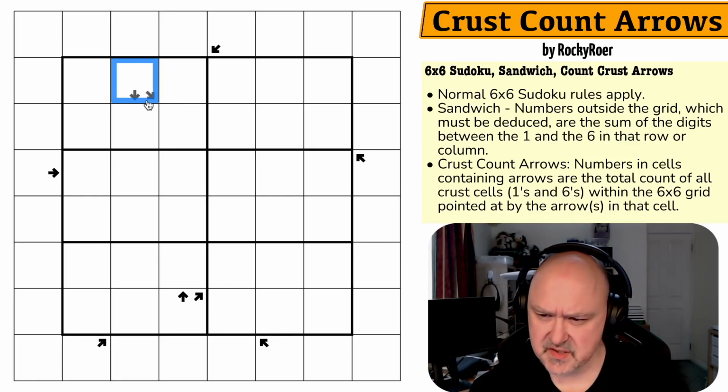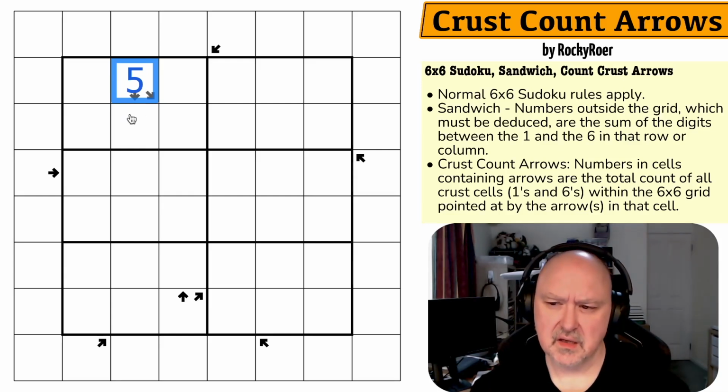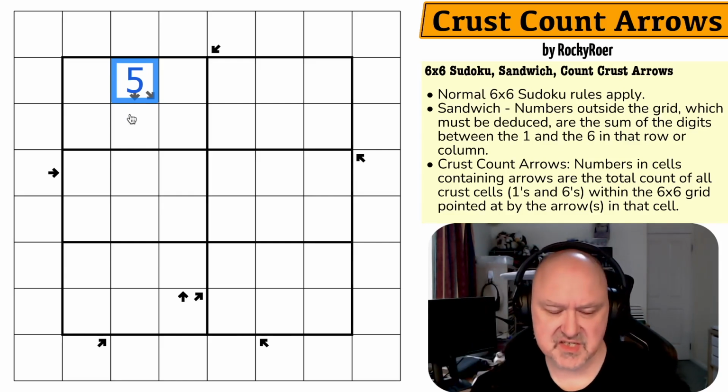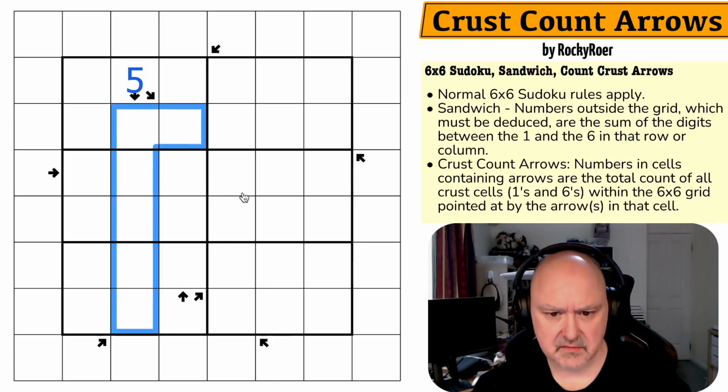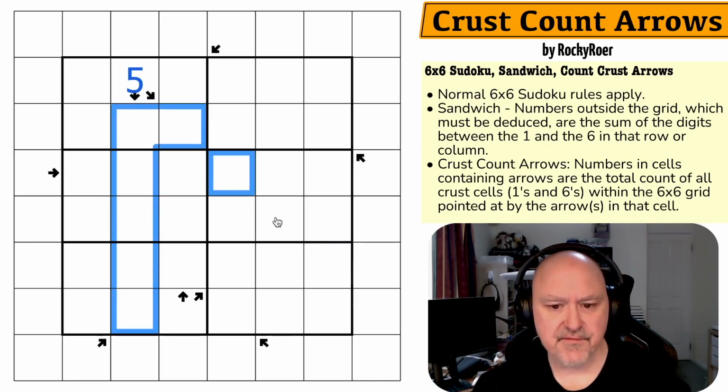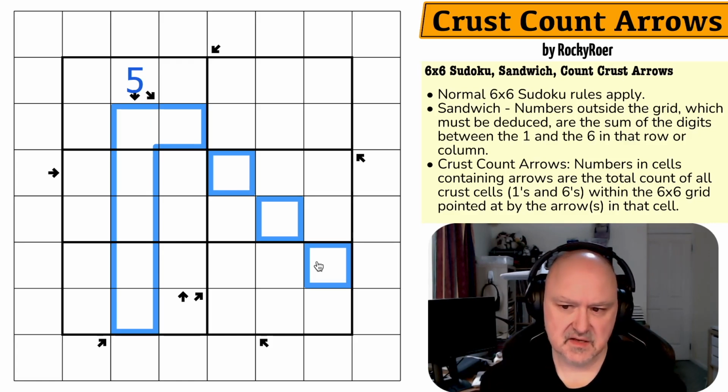Oh, okay. I think it's the count of all the crust cells. So not the sum of the digits in the crust cells. So if this was a 5, then that would mean there would be 5 crust cells in those cells, because it's the count of all the crust cells pointed at by the arrows in that cell.